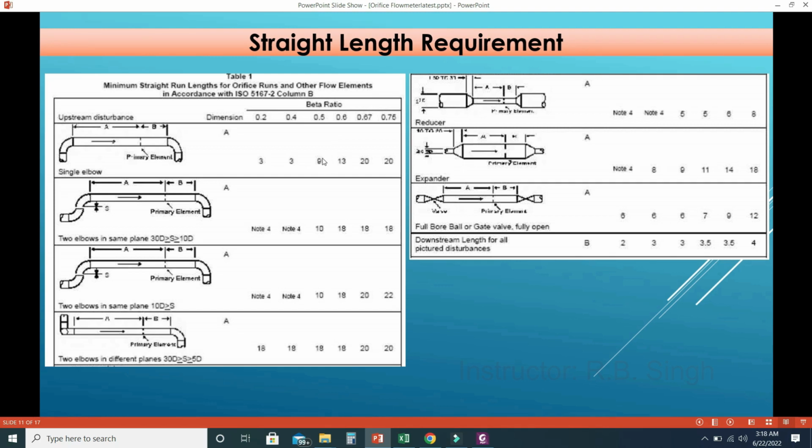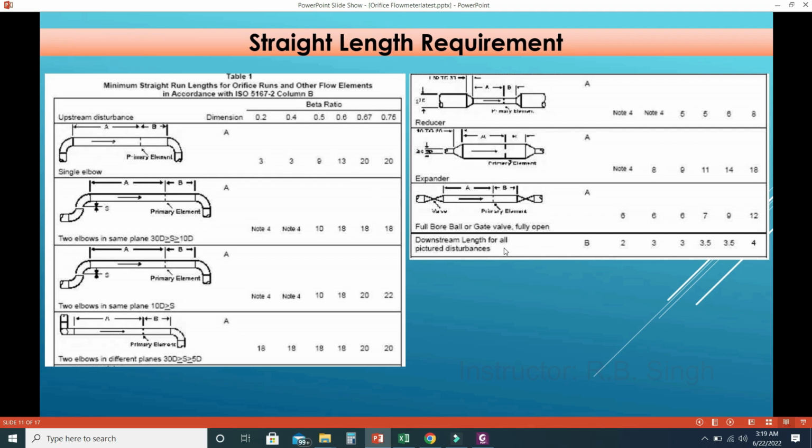So what is 9? 9 into D means from the orifice plate, 9 into pipe diameter. Suppose the pipe diameter is 100 mm, then 9 into 100 is 900 mm upstream length we have to consider. There will not be any elbow within the 900 mm on the upstream side. Then what will be the downstream straight length? The downstream straight length will be here.